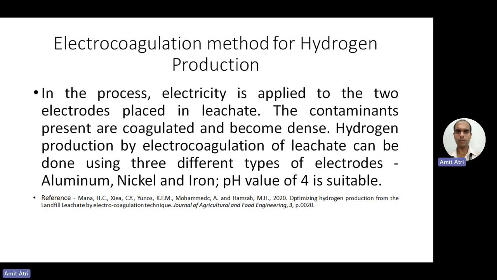Hydrogen production by electrocoagulation of leachate can be done using different types of electrodes like aluminum, nickel, iron, and a pH value of 4 is suitable for hydrogen production. Here the reference is the research paper by Mana et al. in 2020 that has covered this topic.